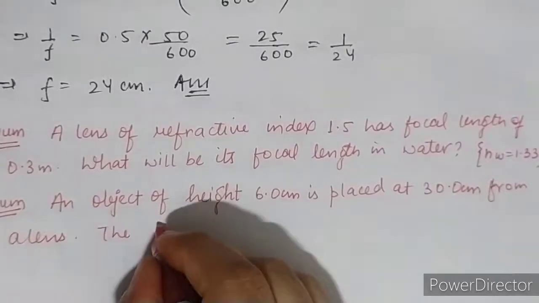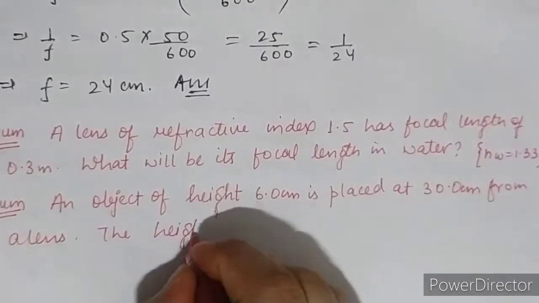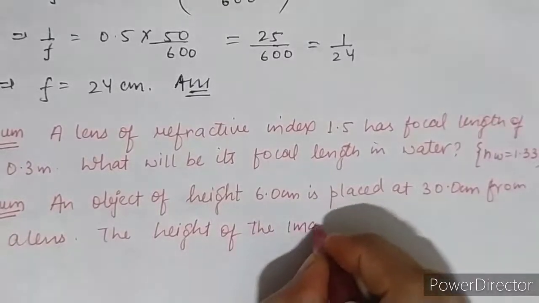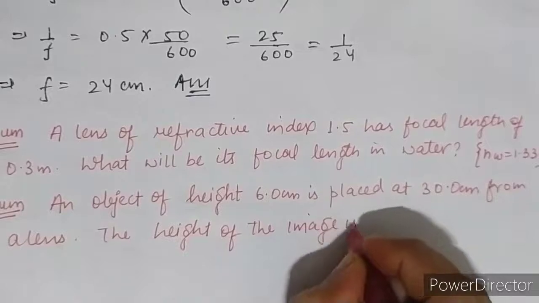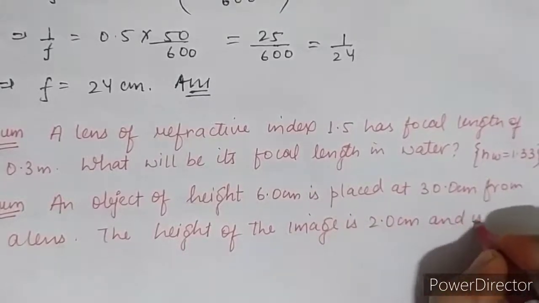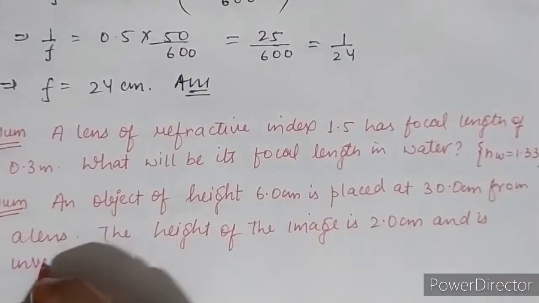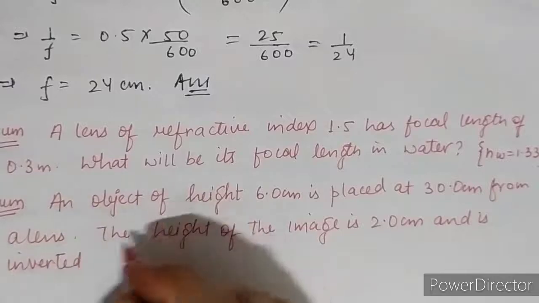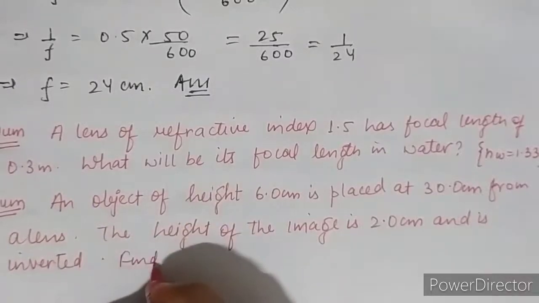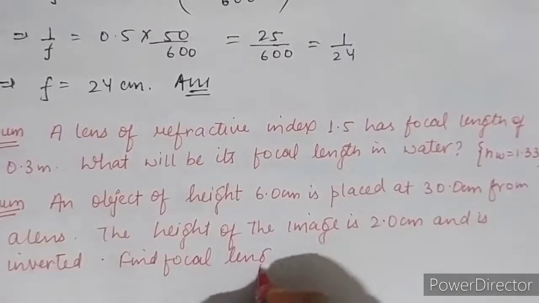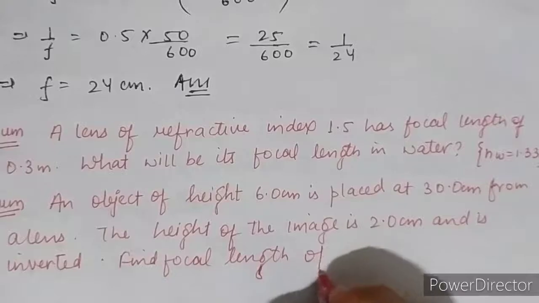The height of the image is 2.0 centimeter and is inverted. Find the focal length of the lens.